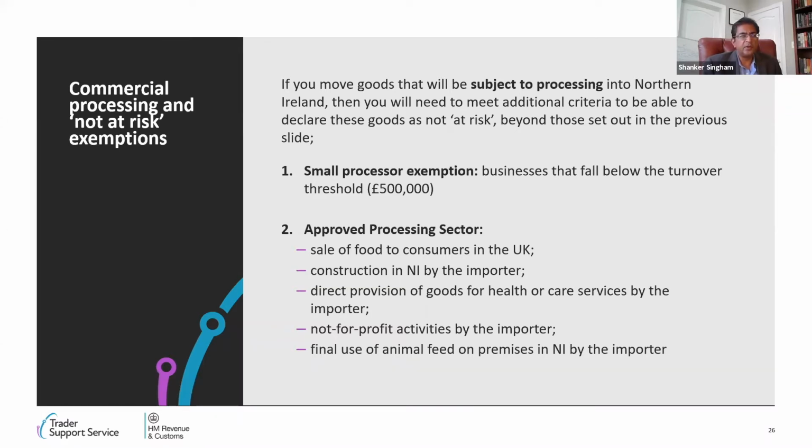So if you're selling food into Northern Ireland and you're processing it in Northern Ireland, you can still be not at risk. Construction, direct provision of goods for health or care services by the importer, not-for-profit activities by the importer, and final use of animal feed on premises in Northern Ireland by the importer. In all of those areas you can be a processor and you can still qualify for the UK trader scheme and the not at risk classification. If we go to the next slide, please.